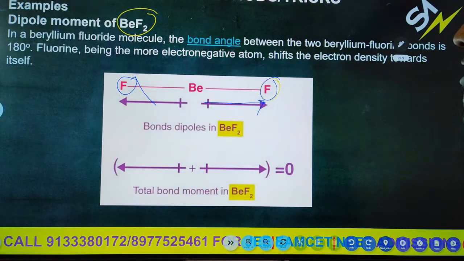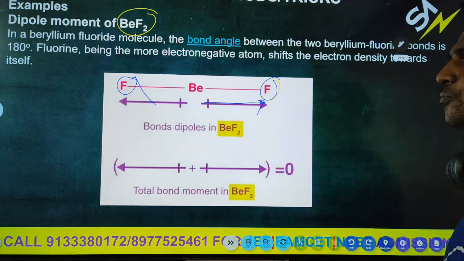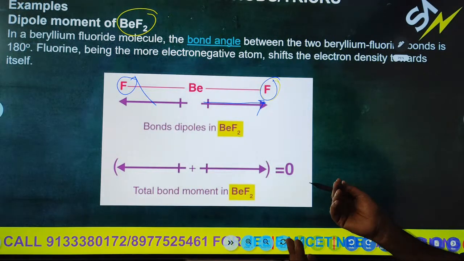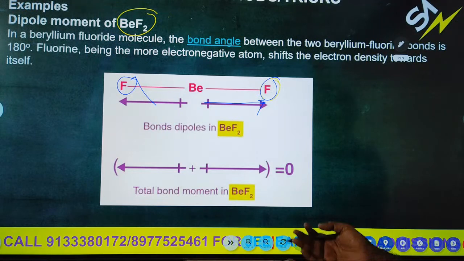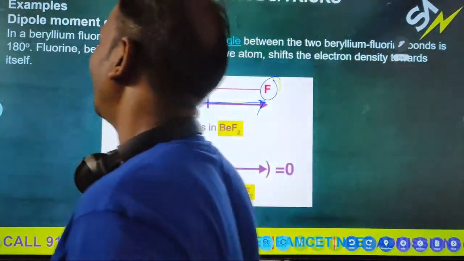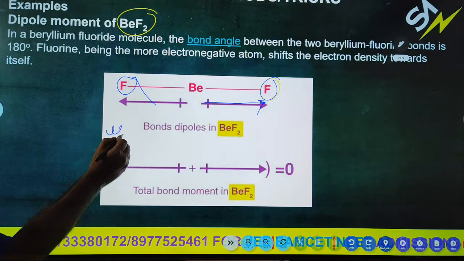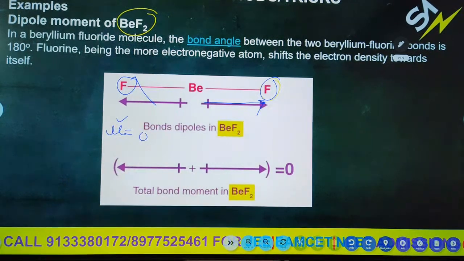Now what is the dipole moment in the case of beryllium fluoride? From the central atom, the direction shifts towards the two fluorines in opposite directions, so the dipole moment becomes 0. That is one explanation.